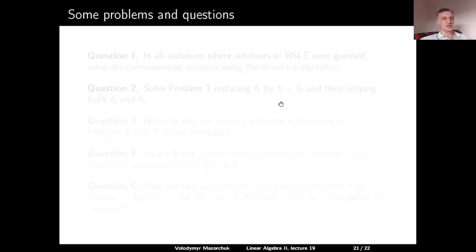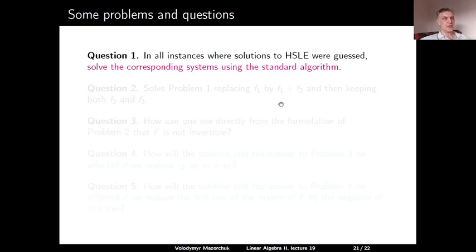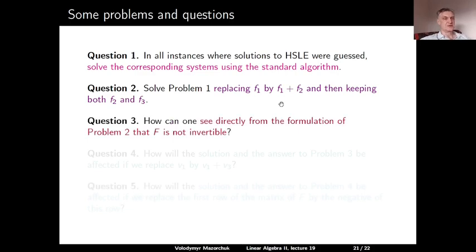So here are some additional problems and questions. Question 1. In all instances where solutions to homogeneous systems of linear equations were guessed, solve the corresponding system using the standard algorithm. Question 2. Solve problem 1, replacing f1 by f1 plus f2, and then keeping both f2 and f3. Question 3.